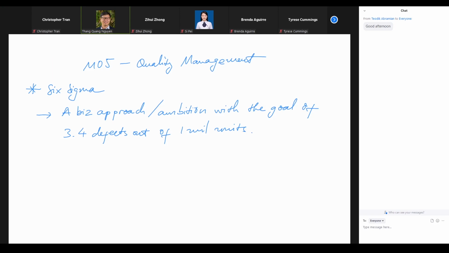Okay, so in Six Sigma there are two aspects. Aspect number 1 is about how to measure it. So that's a measurement of the sigma level. Right. So the sigma level eventually is just a number.